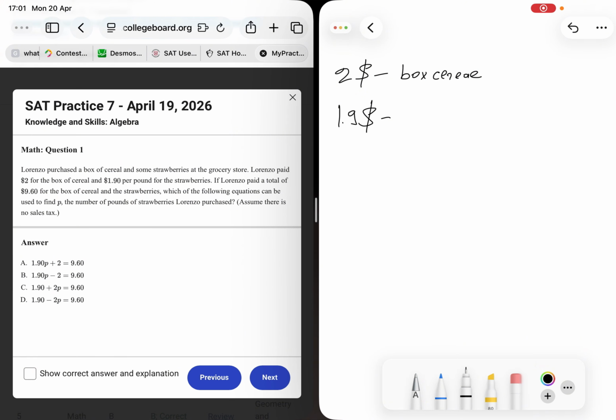But right now, we have to understand what they are saying. $1.9 per pound for the strawberries means Lorenzo paid $1.9 per pound of the strawberries. It is the amount of money that Lorenzo paid per pound of the strawberries. You got it, yep? Per pound for the strawberry.